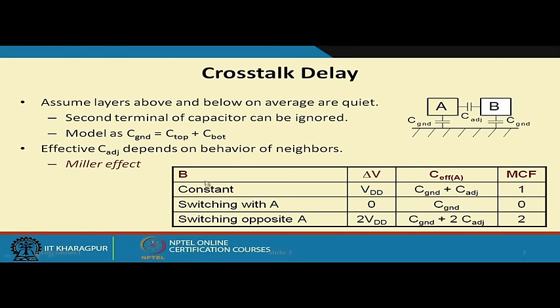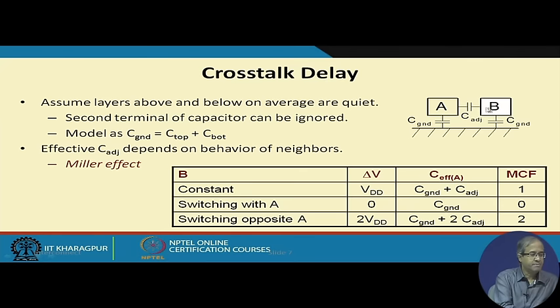So, these three cases are shown here, where I am looking at the effect on A. Now, A is actually changing, so there is a transition on line A.